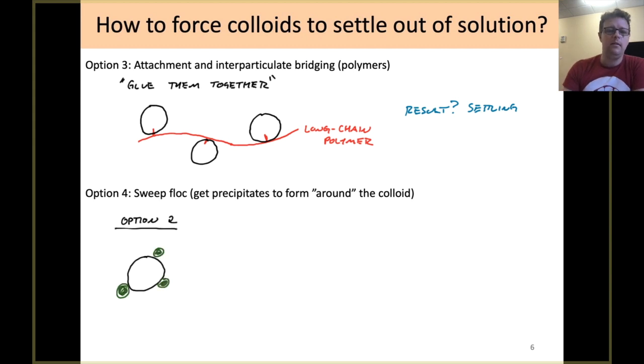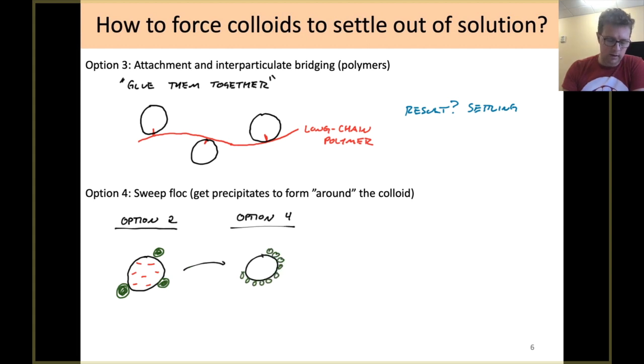And lastly is what's called sweep floc. In option 2, we saw that we could add some positively charged particles to offset some of those negative charges inside of our colloidal particle, or at the surface of our colloidal particle.